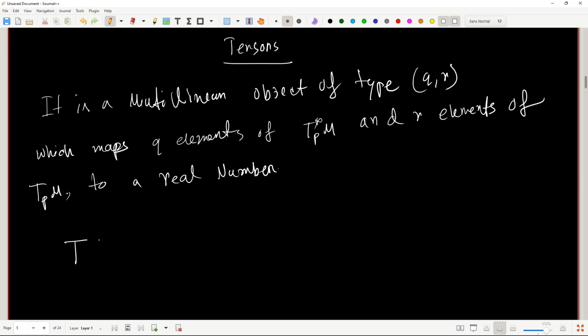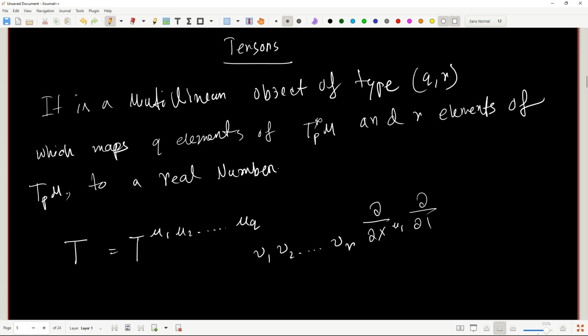In general, the tensor can be written as, let's say, T. You can write it as T mu1, mu2, mu q, and then nu1, nu2, nu r. This is your component, and then you write down the basis, mu1 through mu q, then dx mu1, through dx nu r.